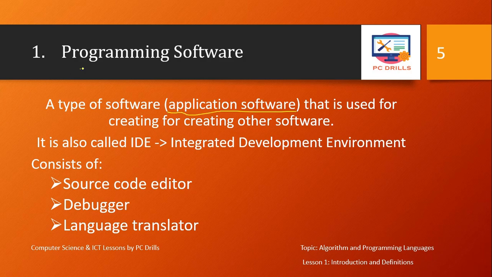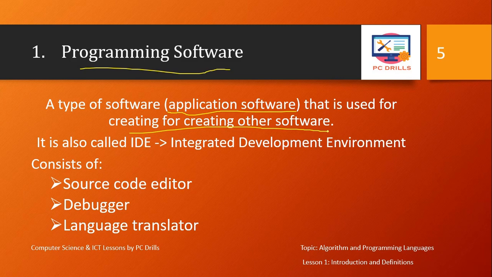So a programming software is a type of software that is used for creating other software. For you to create a program using any particular programming language, you need a software that will understand that particular programming language and is able to convert the code that you write into machine understandable code.